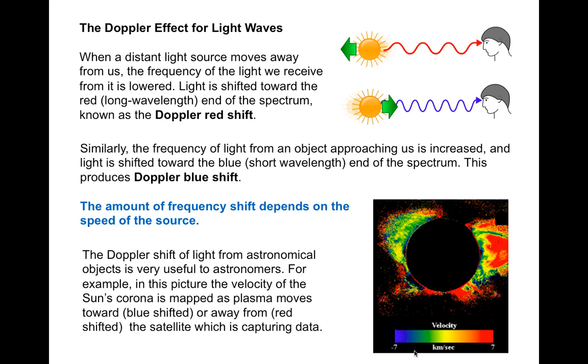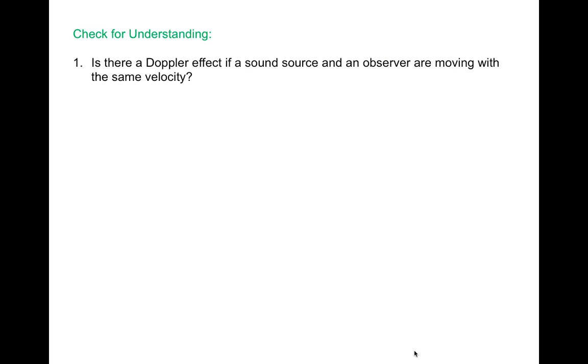For astronomers, the velocity of the sun and the plasma around it, which is similar to fire, just at a very high temperature, we're able to see the blue shift as it is moving toward us, or the redshift as it moves away, which is how astronomers are able to capture the data and study space.